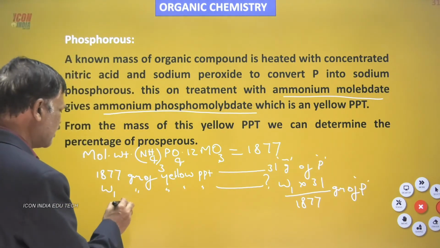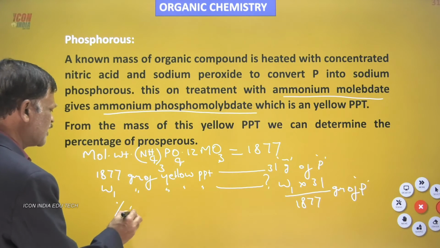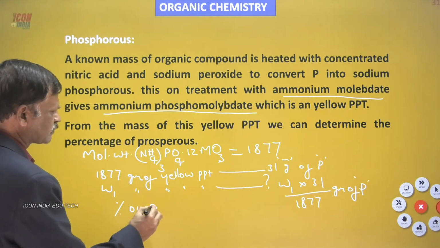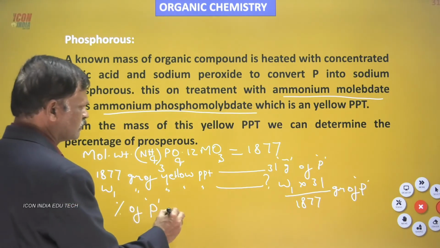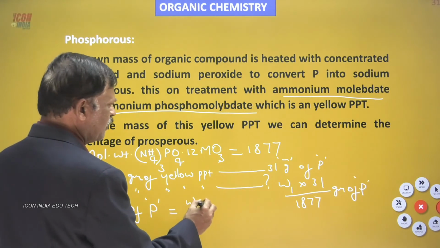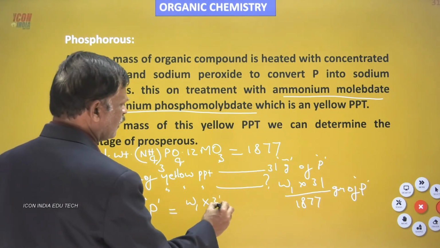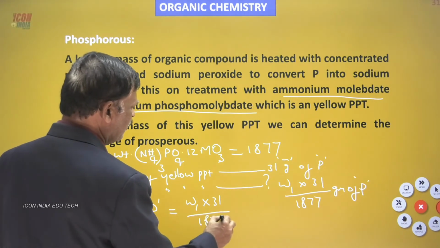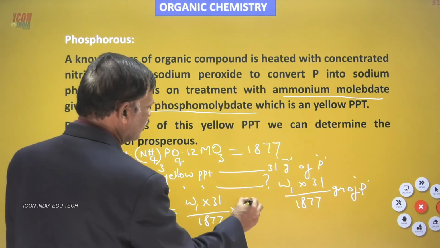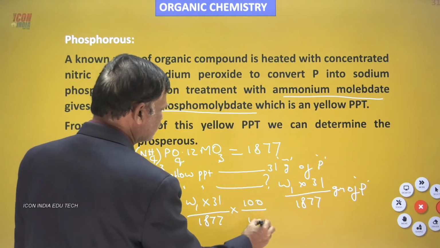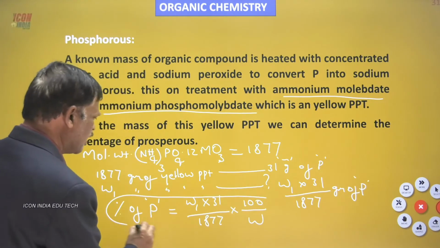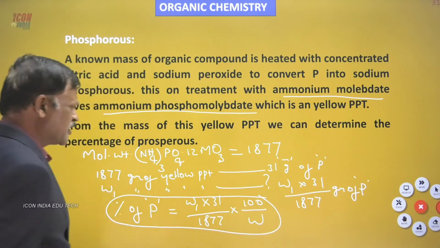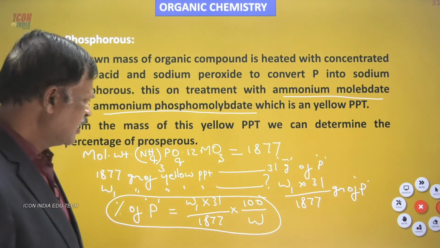So, the percentage of phosphorus is equal to W1 into 31 divided by 1877 into 100 by W. Thus you can estimate the percentage of phosphorus.